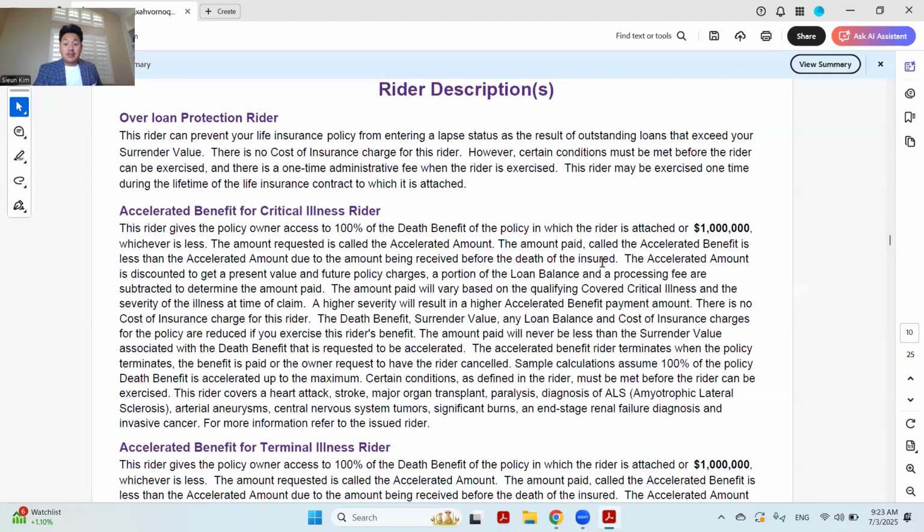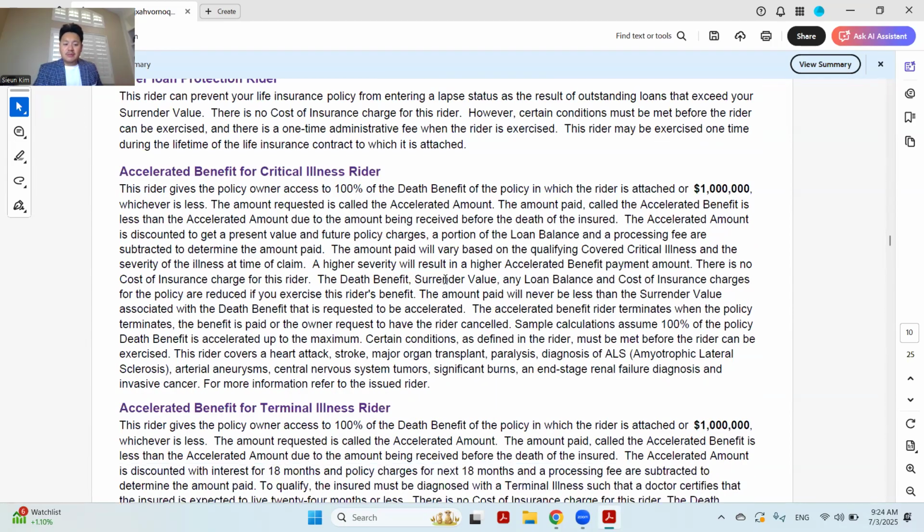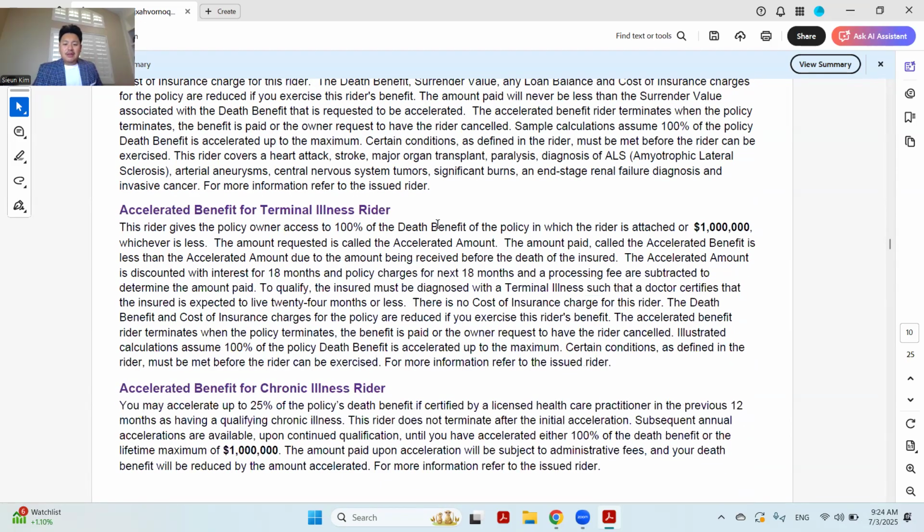If the client's death benefit was 1 million and the client got a $700,000 living benefit payout for heart attack, then the client's death benefit goes down to 300,000 because you already advanced the 700,000 from the death benefit. So that's how it works. If the death benefit happened to be more than 1 million, they don't pay more than $1 million. $1 million is the cap for the payout for living benefits.